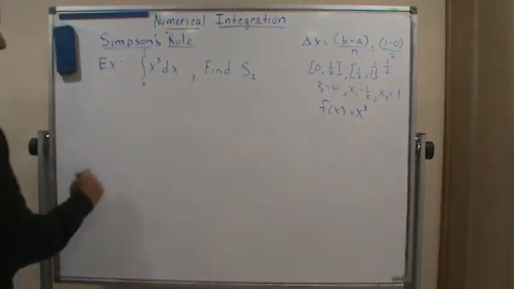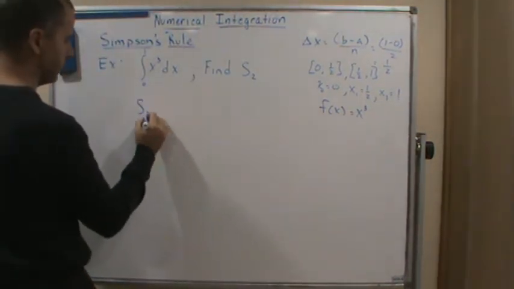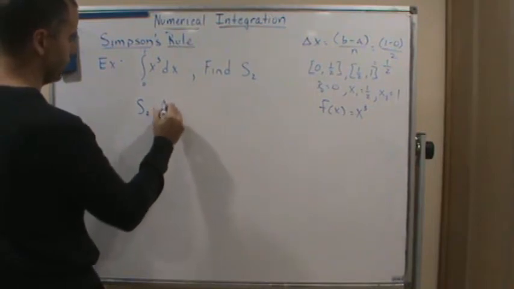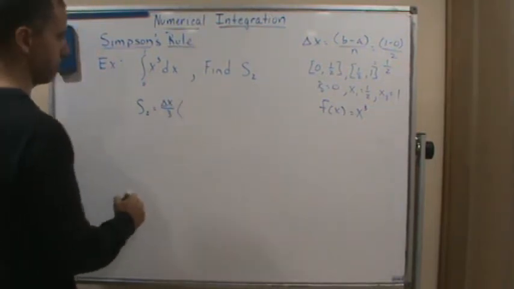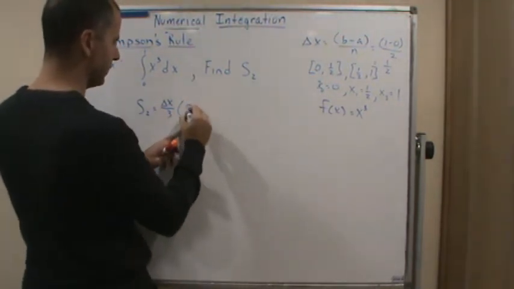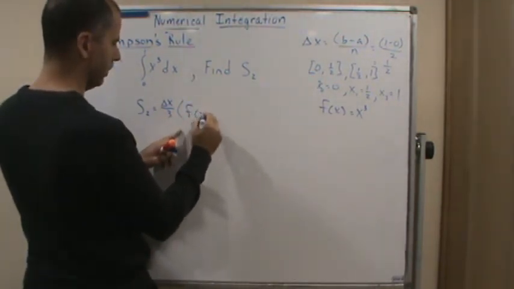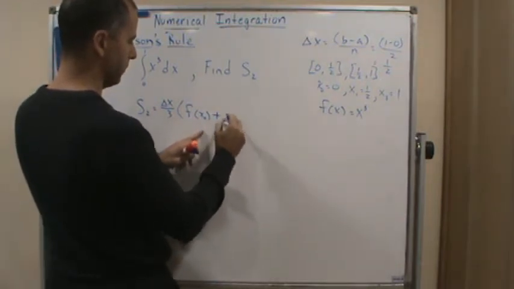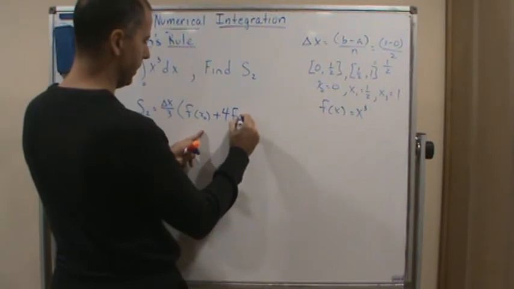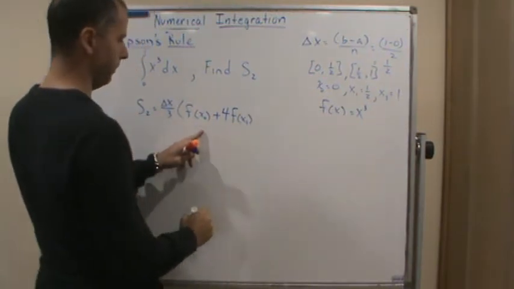So let's solve this. So S2 is then equal to delta x over 3 times, well, it's going to be f of x0 plus 4 times f of x1.